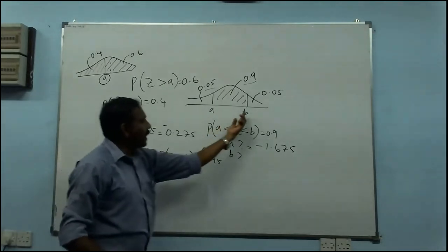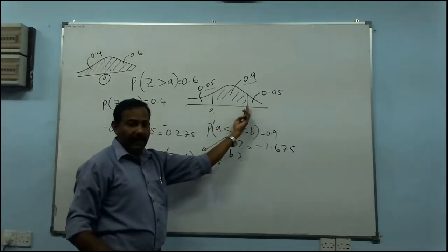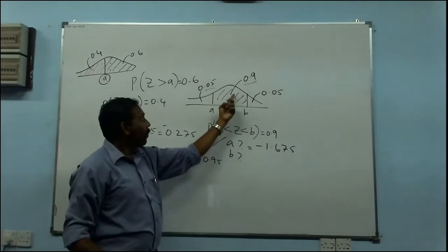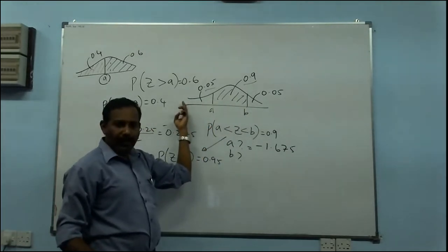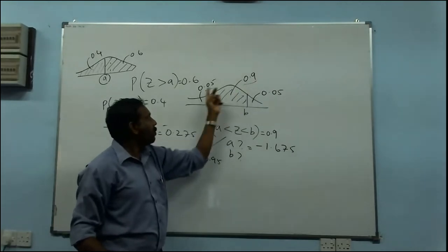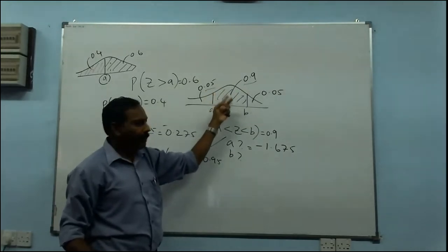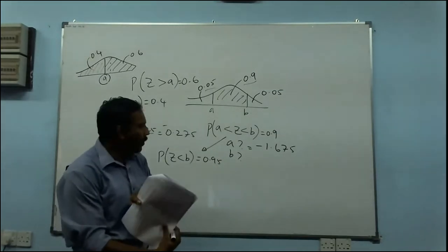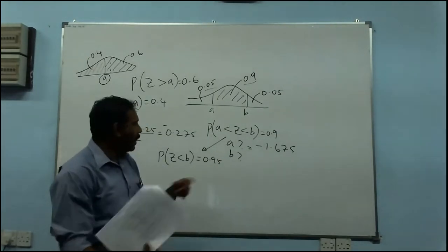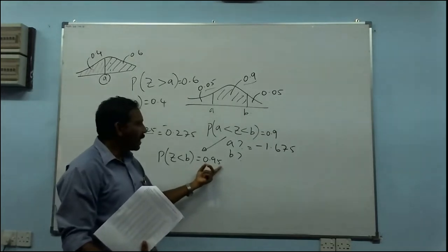Why? What is the area covered by B? 0.9 plus 0.05. So altogether 0.95. So if you look at the table, look at the probability value for 0.95.